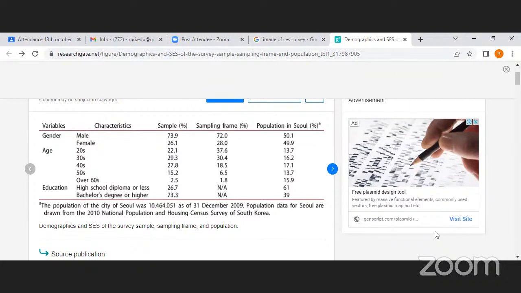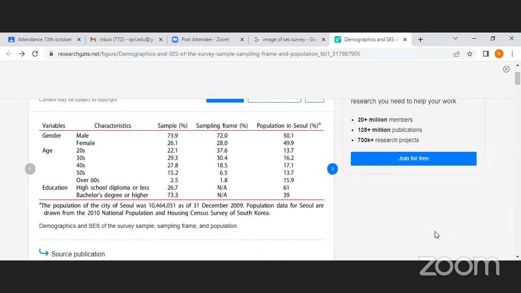Okay, and you will find these two, 50.1 and 49.9. If you add them, you get hundred, like 73.9 plus 26.1, the percentage.